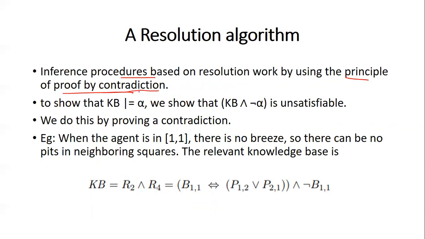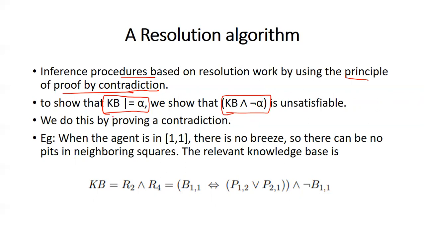Proof by contradiction means that if we want to prove that KB entails alpha, then we prove that by showing that KB and not alpha is unsatisfiable. KB and not alpha is unsatisfiable, right?